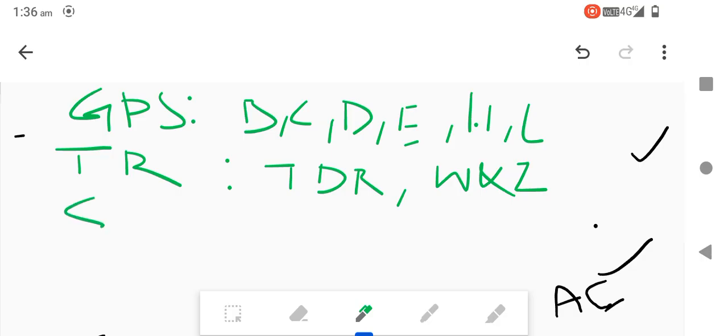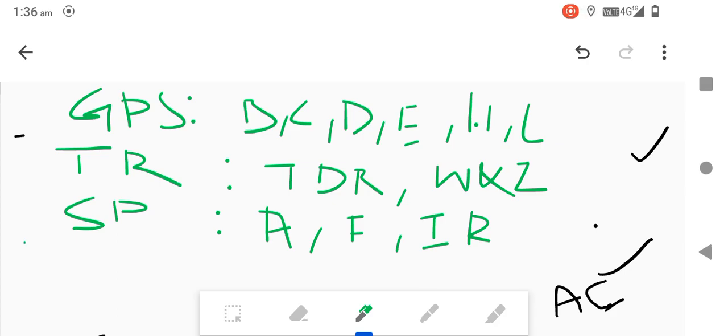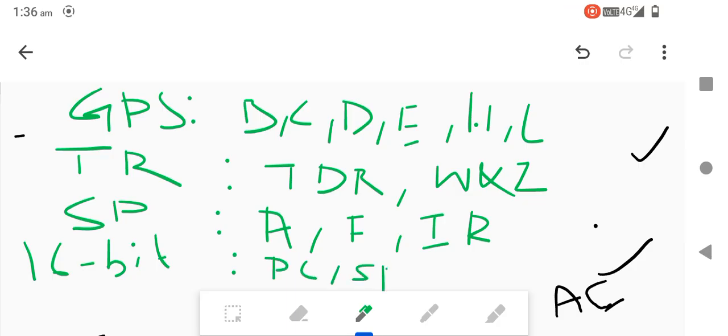Next, special purpose registers: accumulator, flags and instruction register come under special purpose registers. Finally, the 16-bit registers are the program counter and stack pointer.